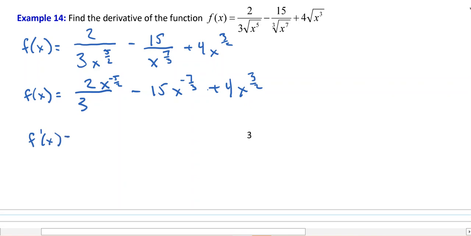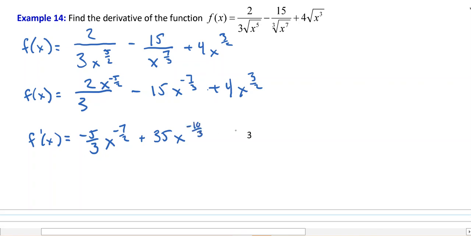So applying the power rule, negative 5/2 times 2/3, the 2's are going to cancel out, so I end up with a negative 5/3 times x to the negative 5/2 minus 2/2, which would be negative 7/2. Negative 15 times a negative 7/3. Well, the 3 cancels with the 15, we get 5, so we're going to have plus 5 times 7 is 35, x to the negative 7/3 minus 1, or negative 7/3 minus 3/3, is negative 10/3.